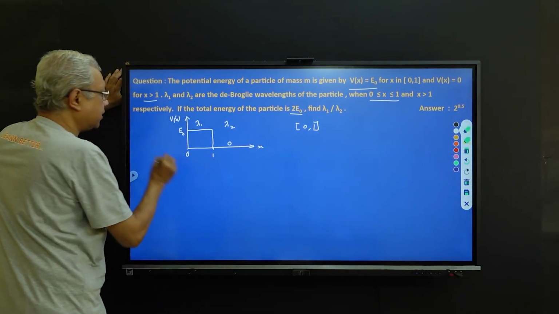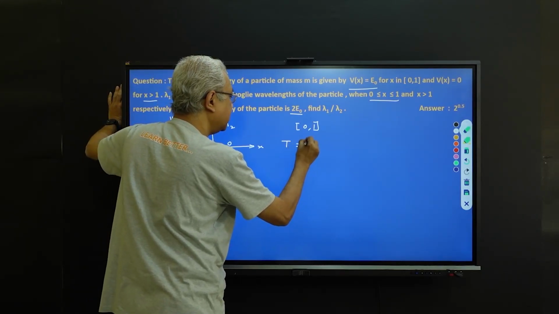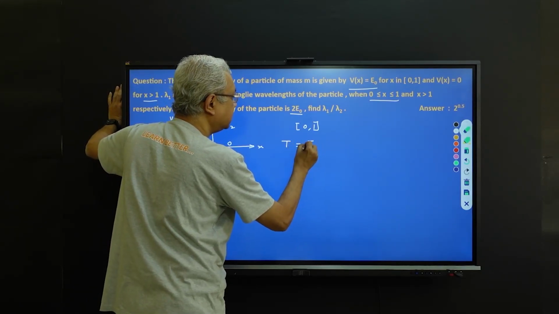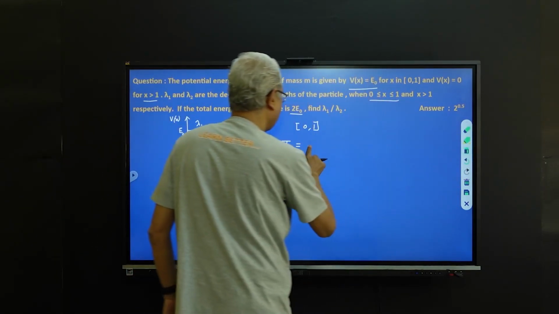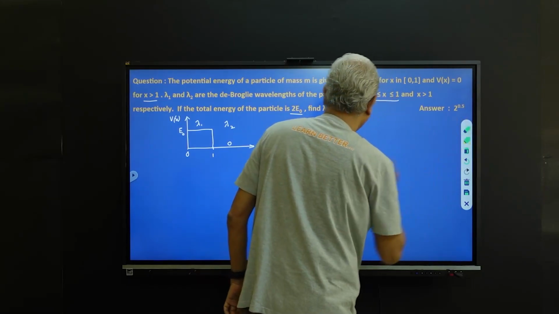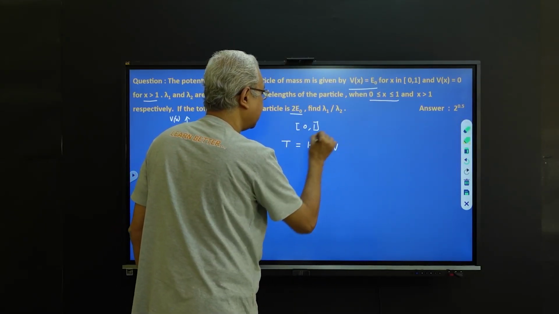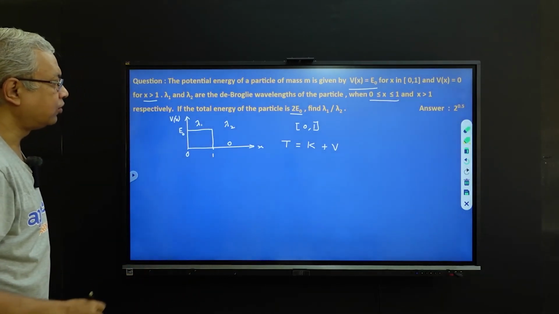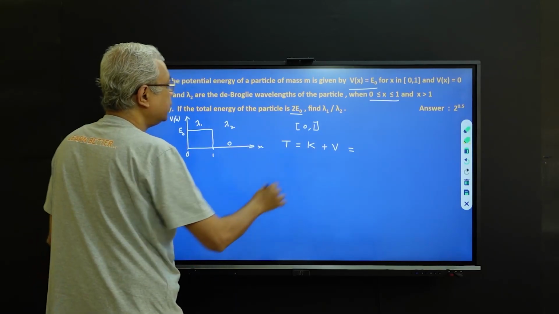Total energy of the particle is actually kinetic energy plus potential energy. I can write kinetic energy as K and potential energy as V. Now total energy is always equal to 2 E naught.